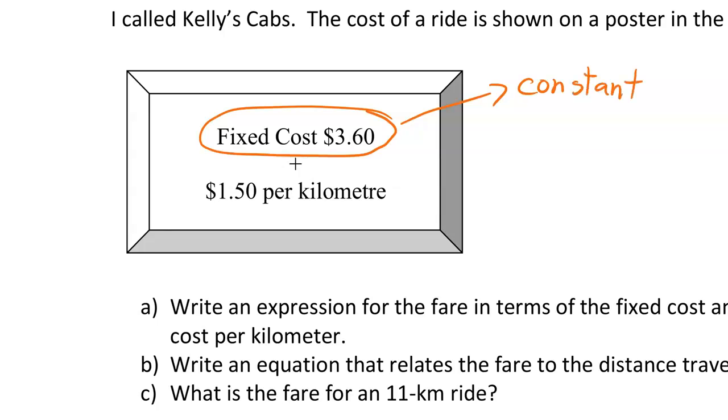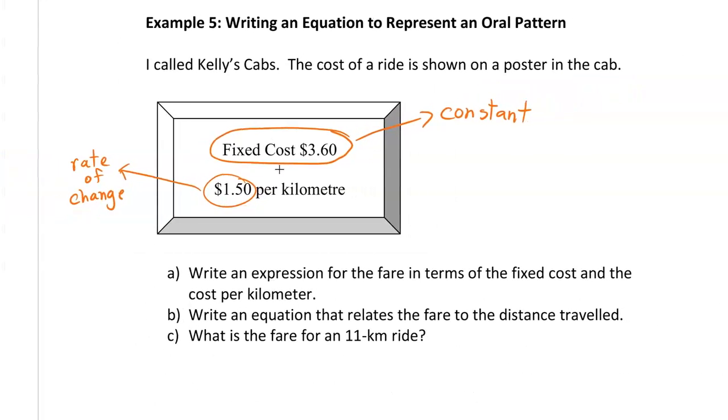And if it's plus $1.50 per kilometer, whenever you see that it's per something, it's going to be your rate of change, which will be important when you're making your equation.